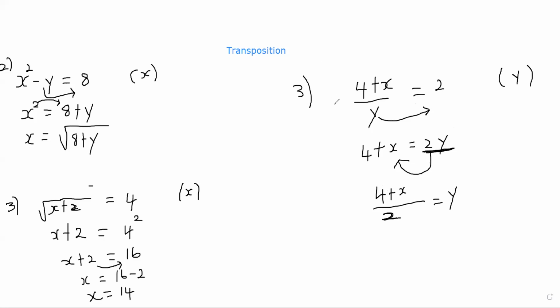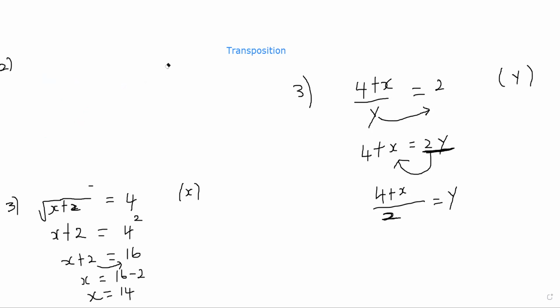Right? So this is simple. When you're practicing, you get better. Let me give you guys the next one to do. This is the only way you can get familiar with every situation when it comes to transposition. You have to constantly do a lot.